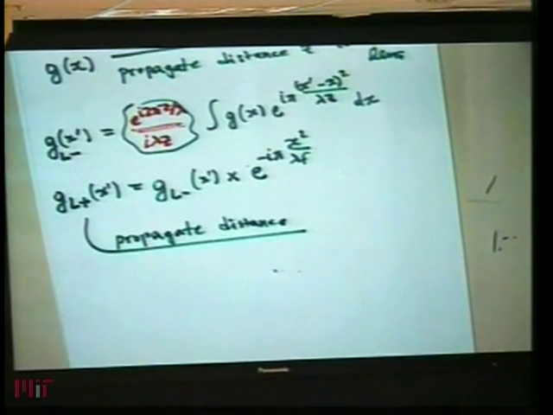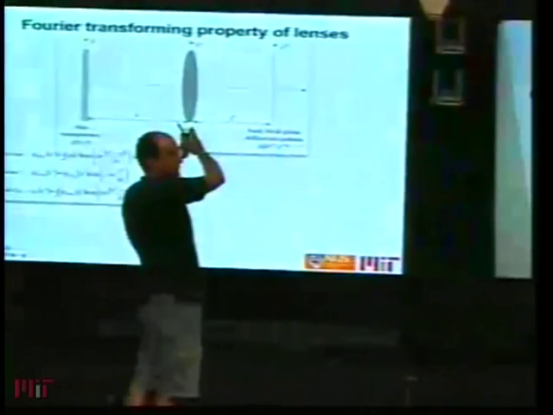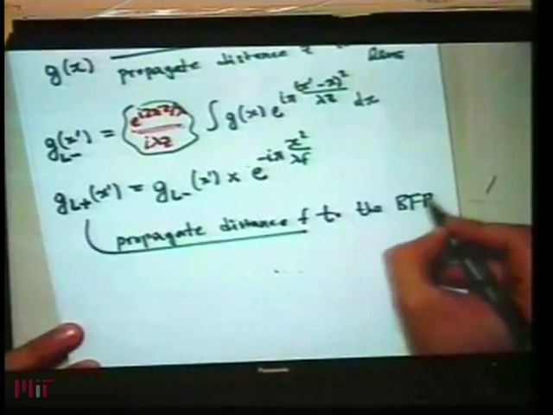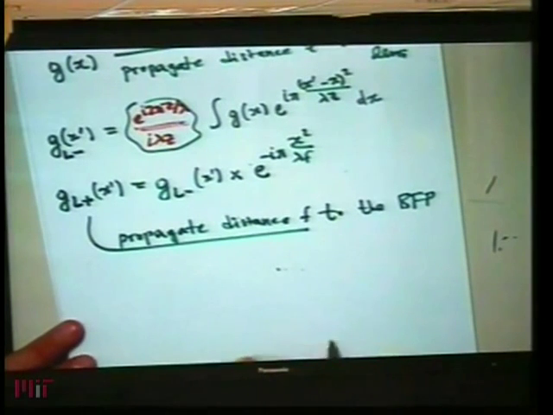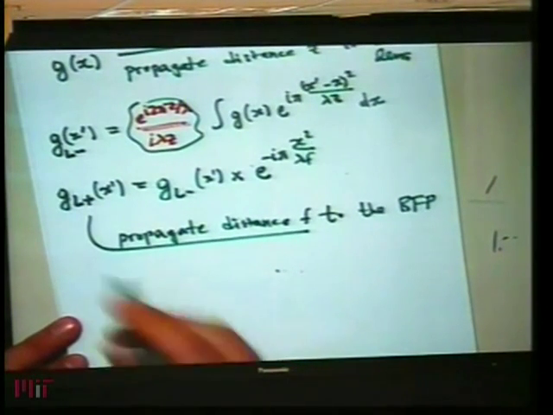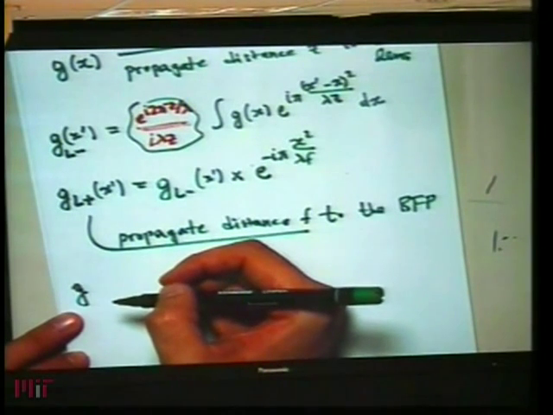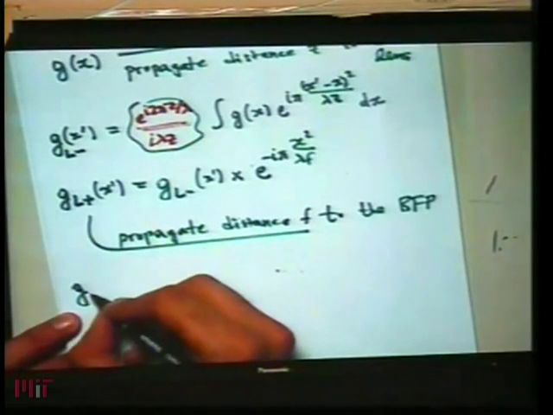Now I have to do this part, which means I have to propagate it by distance f until I reach the back focal plane. And that is another Fresnel integral. How do they call it? G sub f, I guess.